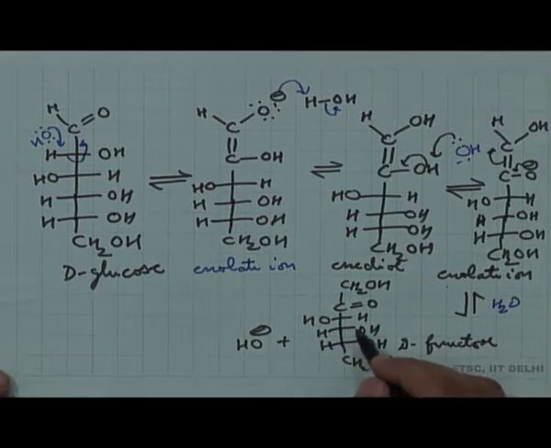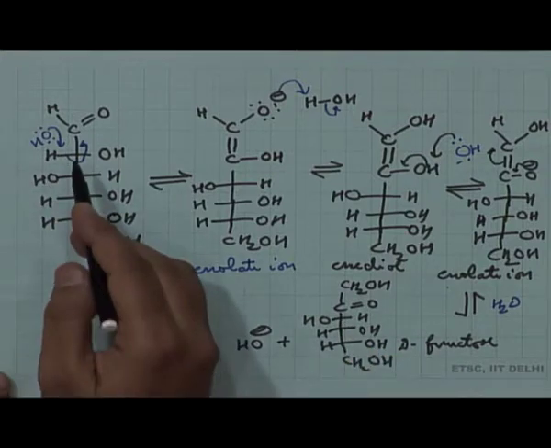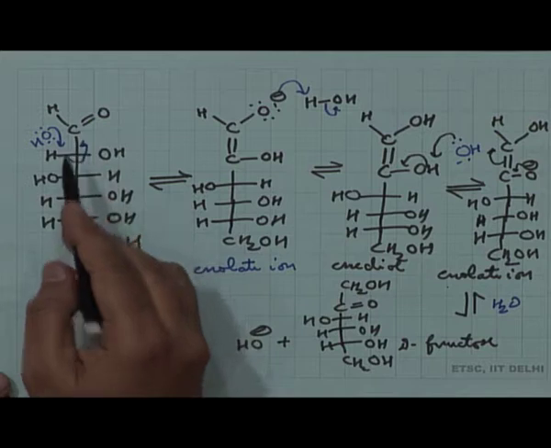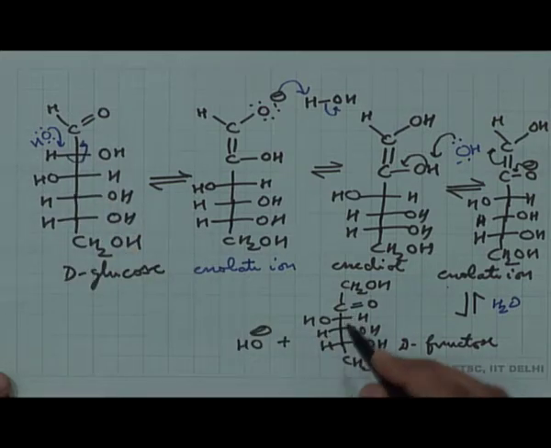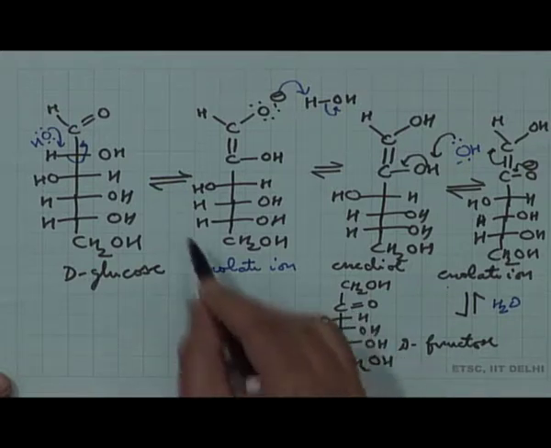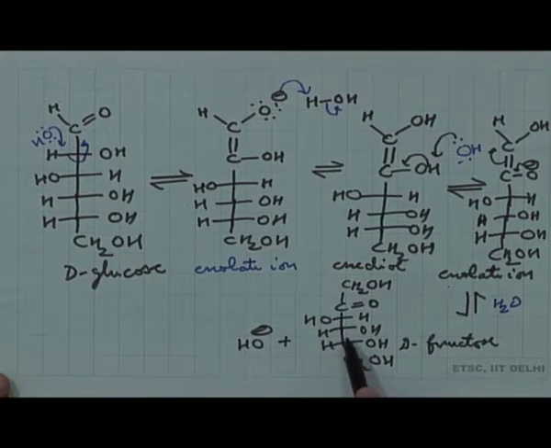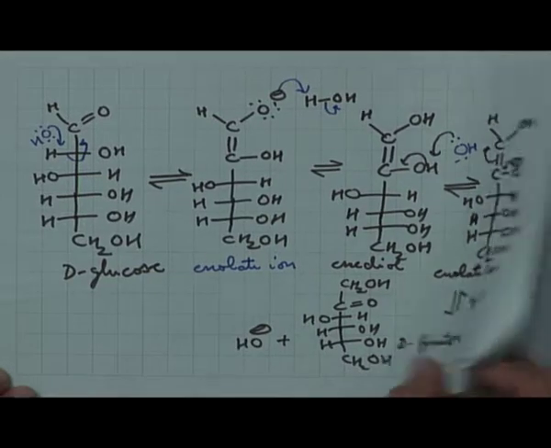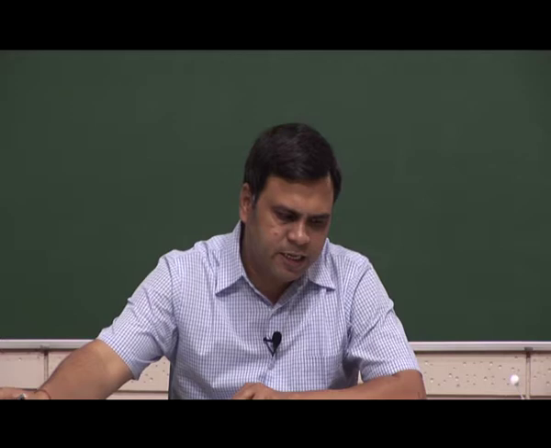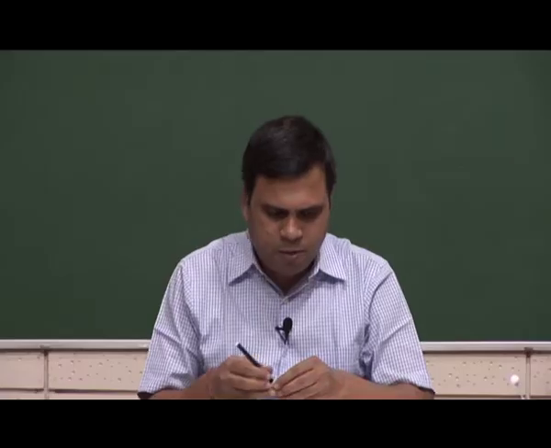Another enediol rearrangement basically pushes the carbonyl group one carbon down. As we saw, we started with the aldohexoses and we end up with the ketohexoses, and if we do enediol rearrangement with this D-fructose with the same sequence of reactions, again the carbonyl group can move one carbon further down. To understand this enediol rearrangement in a better way, I will take one problem.